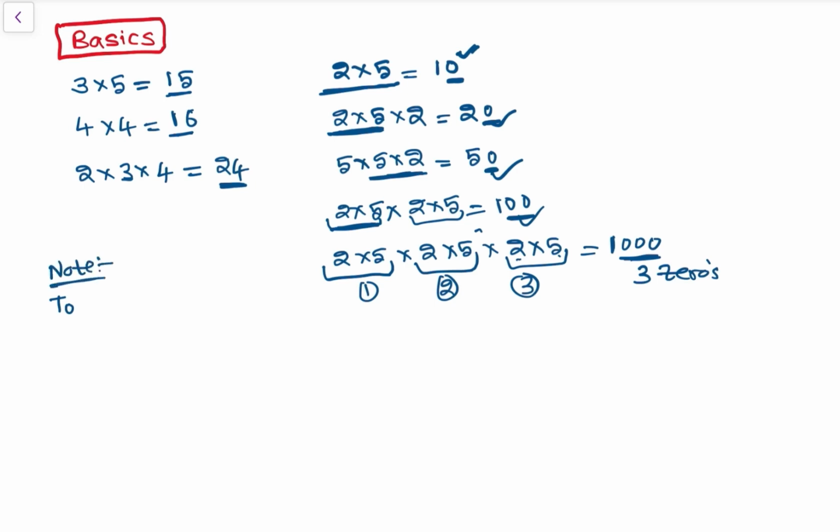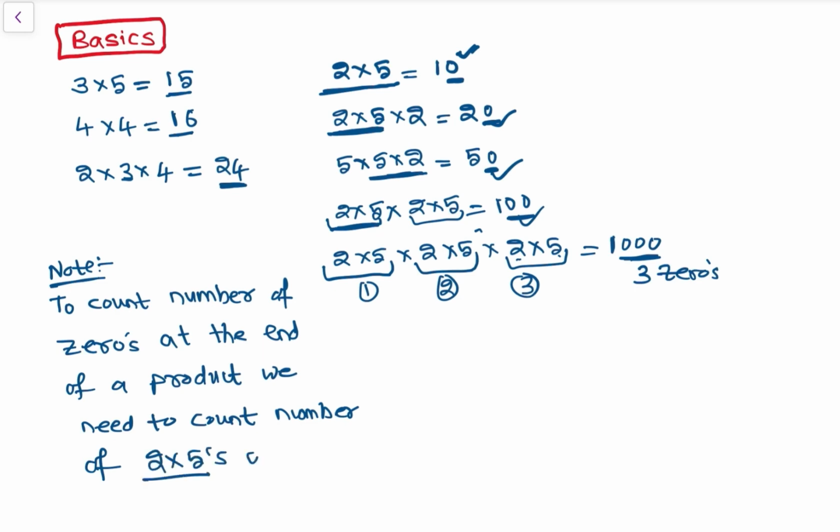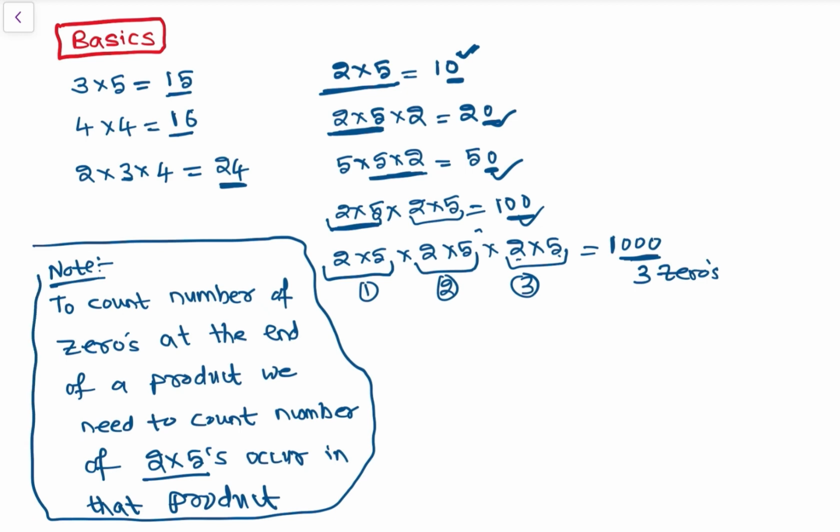It is very important: to count the number of zeros at the end of a product, we need to count the number of 2 into 5s that occur in that product. Note this down. This is quite important. If you just remember this point, we can easily do it. So to count the number of zeros at the end of a product, we need to count the number of 2 into 5s that occur in that product.